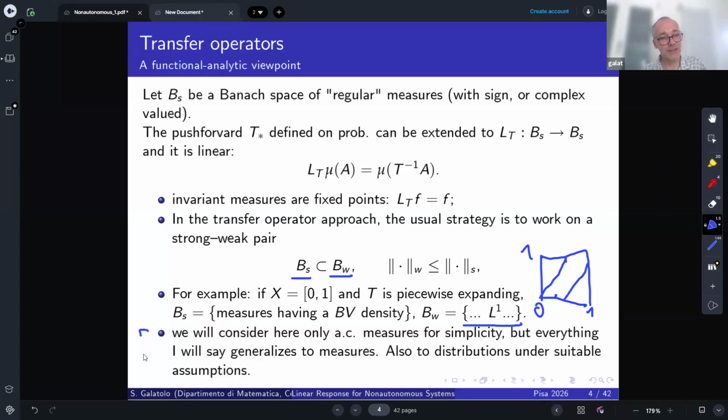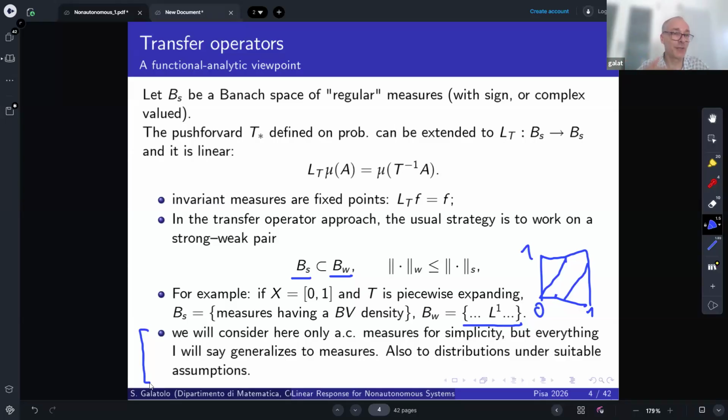Let me also say that, to make things simple, in this seminar I will only speak about spaces of measures which are absolutely continuous with respect to the Lebesgue measure. But everything I said can be generalized to more complicated spaces, including also singular measures and fractal attractors and so on. And this is what is called the theory of transfer operators on anisotropic spaces, which are Banach spaces of distributions, which include singular measures.